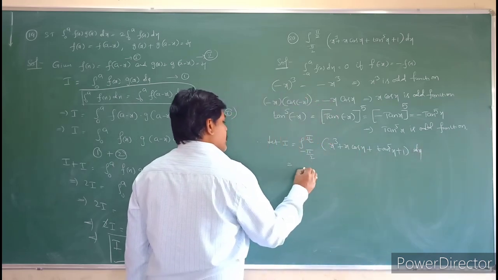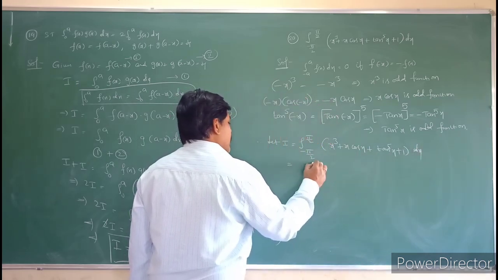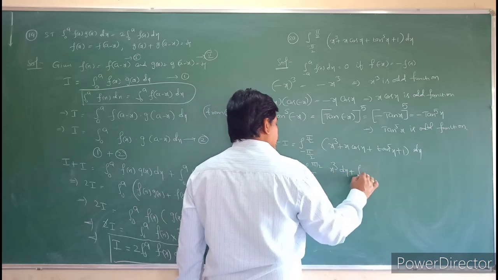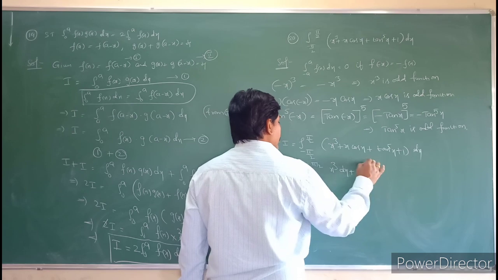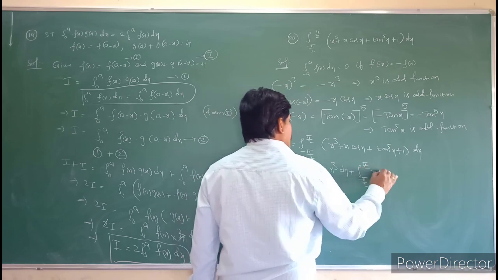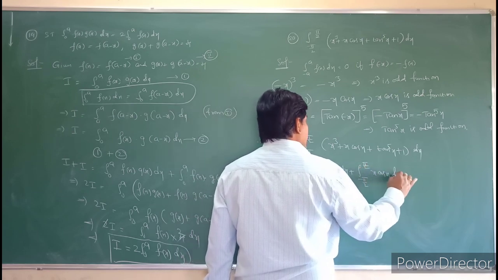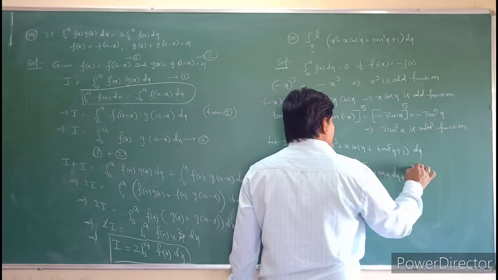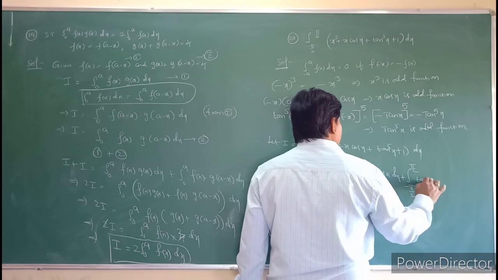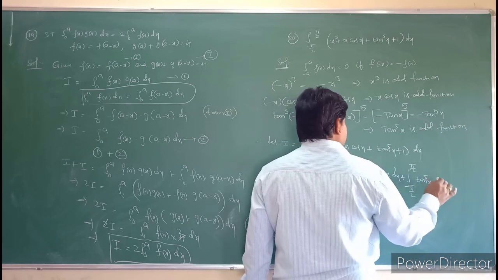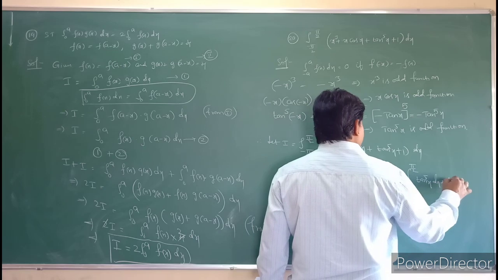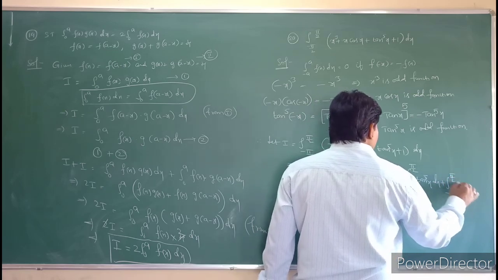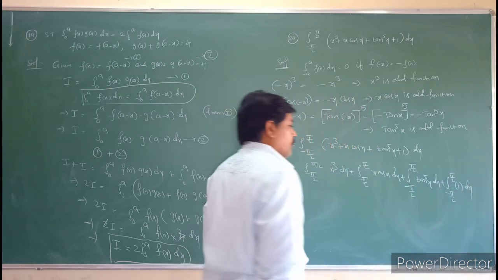Separate the terms, students: integral of x cube dx, plus integral of x cos x dx, plus integral of tan power 5x dx, plus integral of 1 dx, all from minus pi by 2 to pi by 2.